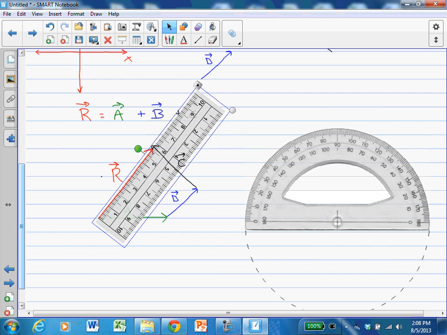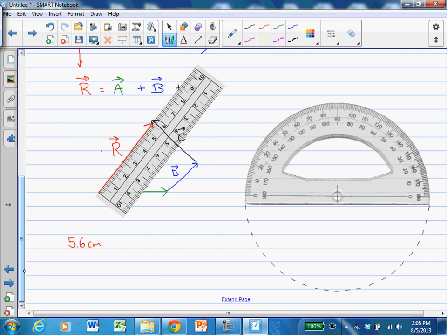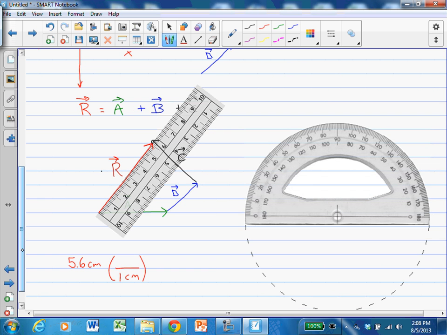And then that 5.6 centimeters, if I convert it to meters, unit conversion, 1 centimeter by this scale is 3 meters. So I would have a magnitude of 5.6 times 3, or 16.8 meters.